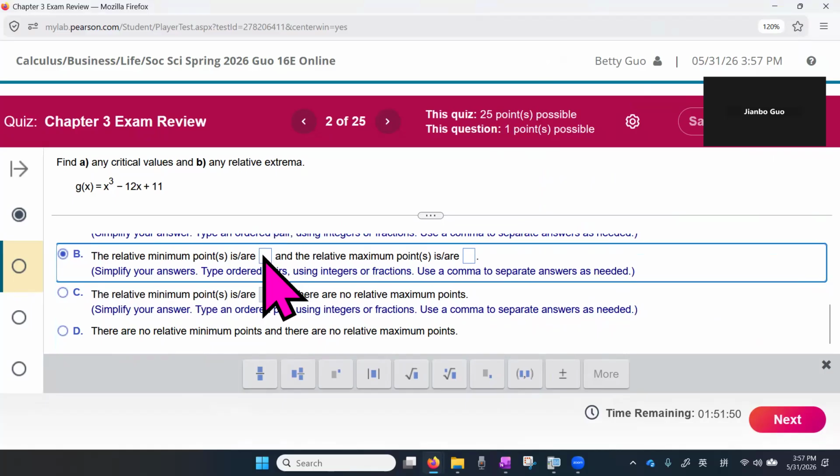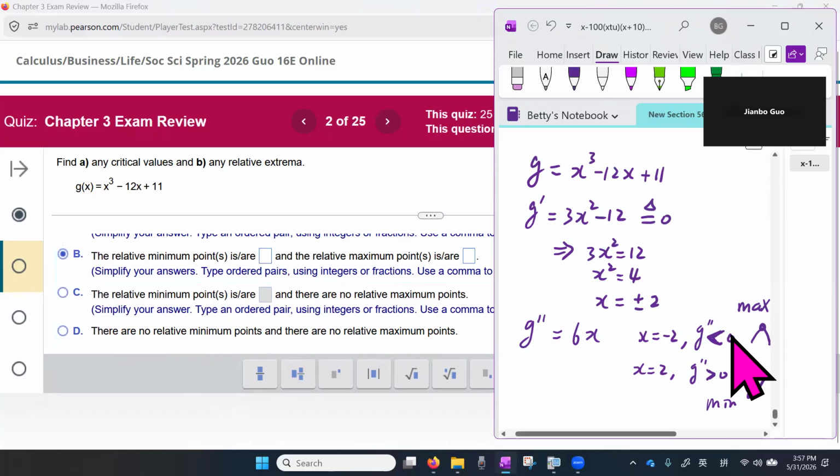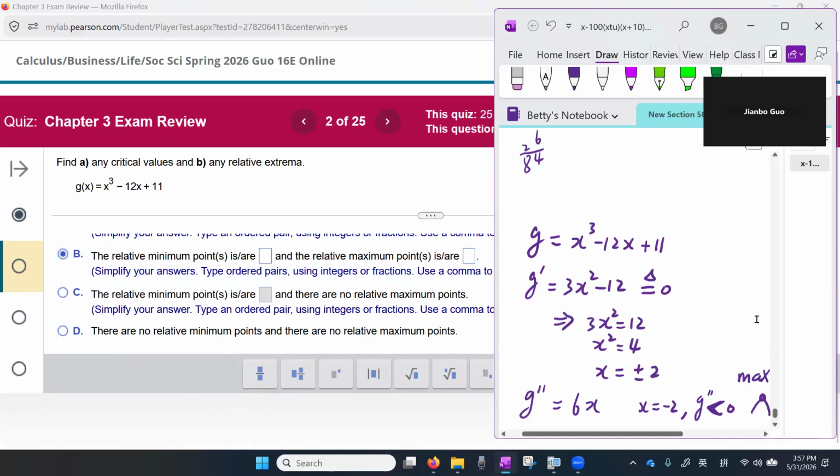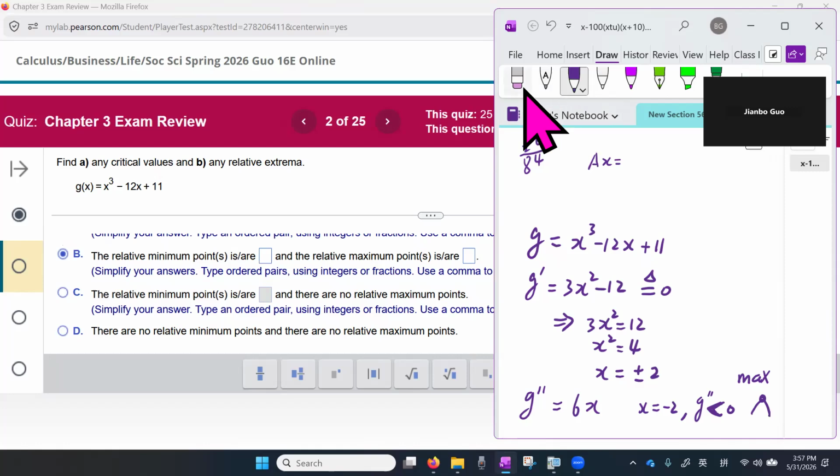And then we're going to enter the corresponding values of the two x values. As x equals -2, g of -2 is -2 to the power of 3 minus 12 times -2.